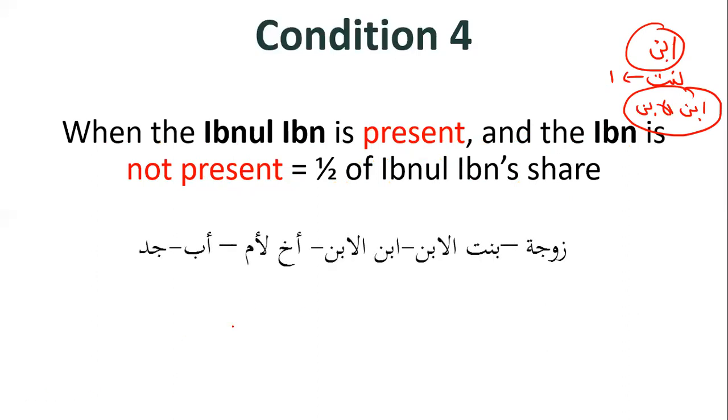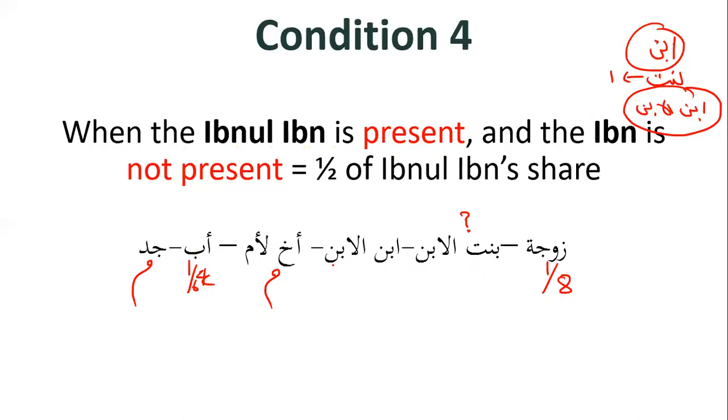So let's take a look at this example here. We can see Zawja, again she'll get 1/8. Akhli will be mahjub, Jad will be mahjub, Ab will get 1/6 plus, actually sorry, only 1/6 because of the Ibn al-Ibn, so Ab will get 1/6. And over here we can see that the Bintul Ibn is present. So what does the Bintul Ibn get? We will say when the Ibnul Ibn is present.